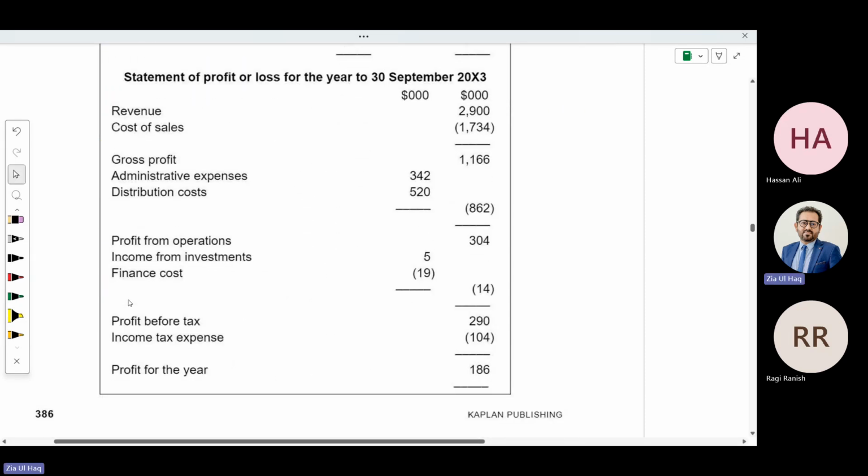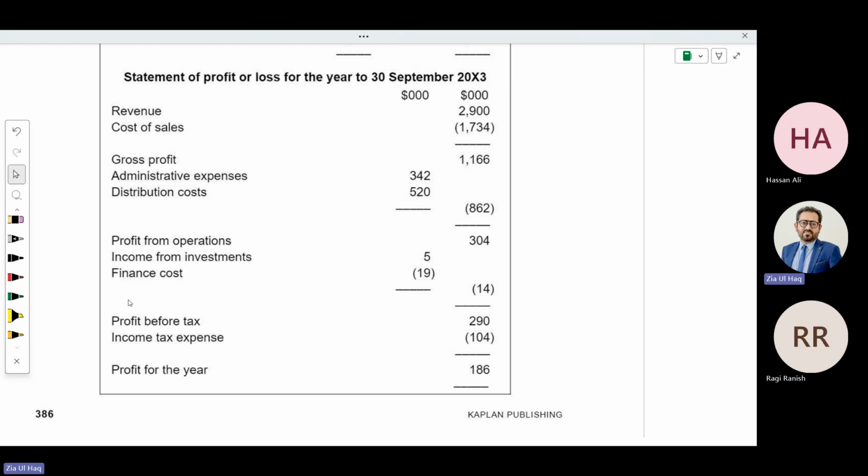Statement profit and loss data: revenue, cost of sale, GP, admin expense, distribution expense, profit from operations, income from investment. Income from investing activities. Finance cost are just profit before tax, taxation, charge to P&L, profit for the year.